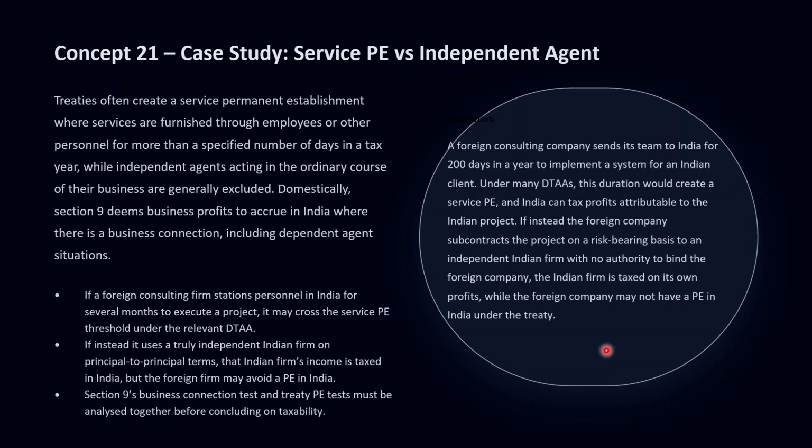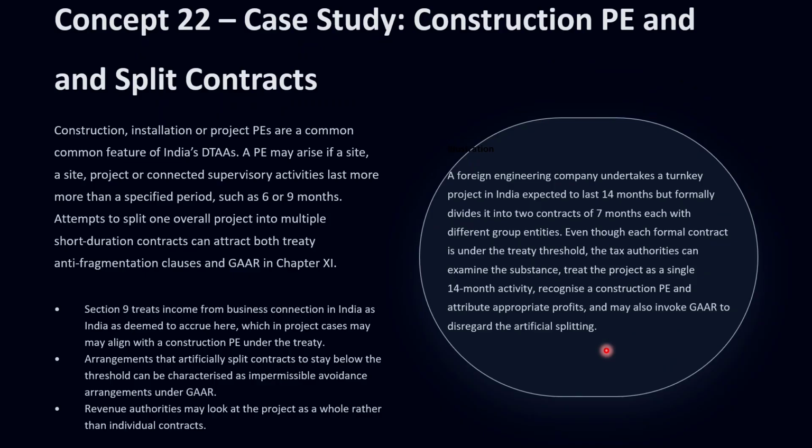Instead of this, if the US company subcontracts the entire project to an Indian independent consultancy, which signs the Indian client contracts in its own name and bears the delivery risk, the Indian consultancy is taxed there, but the US company may stay outside the PE net. So this is the concept of service PE and independent agent. Now let's move to our next concept.